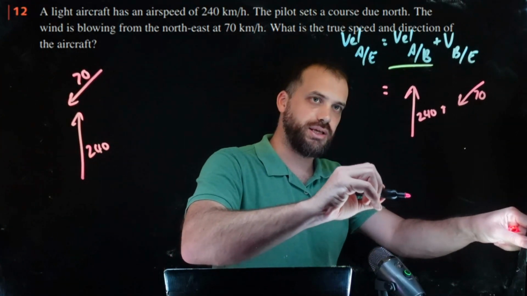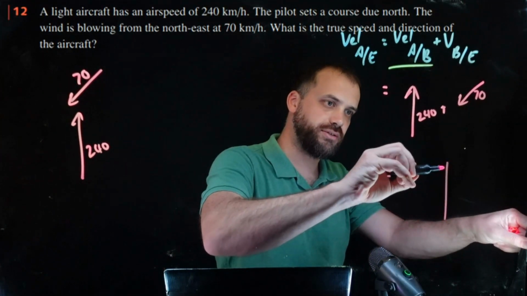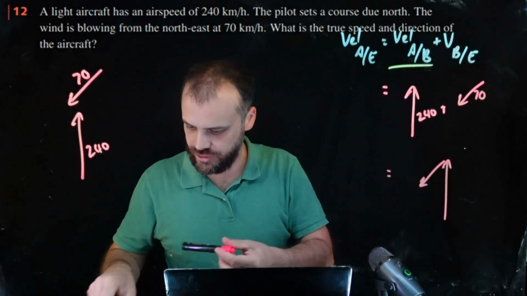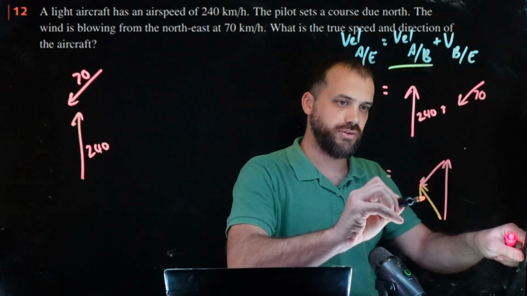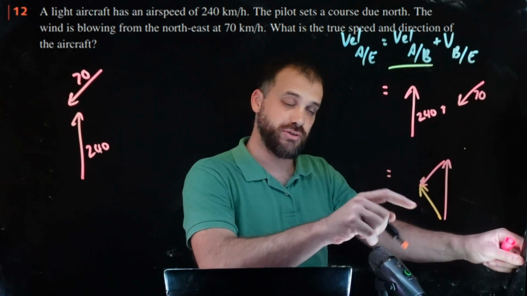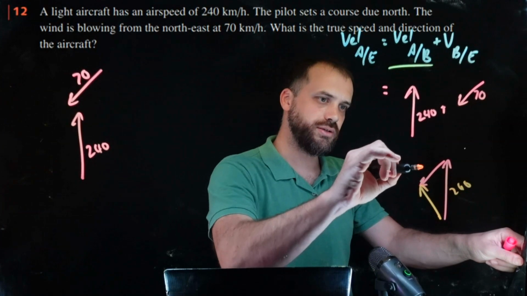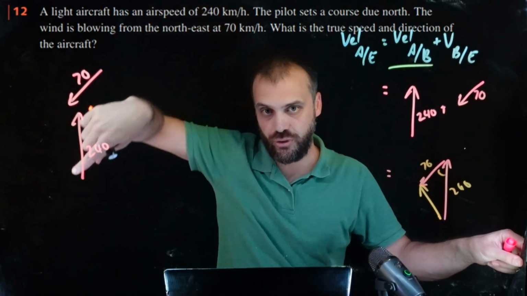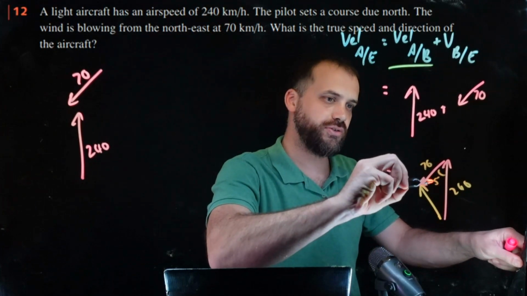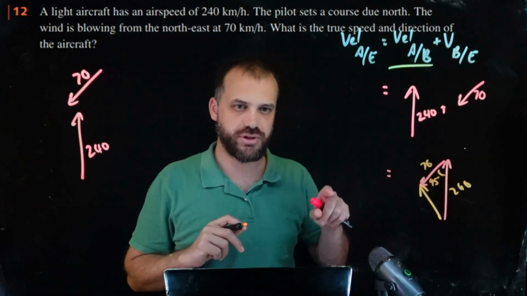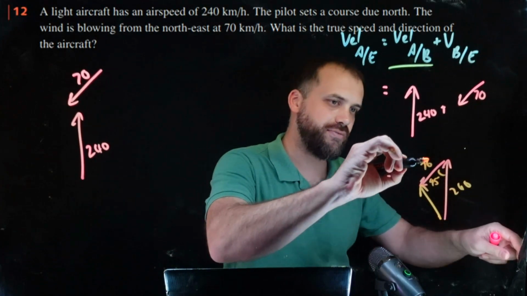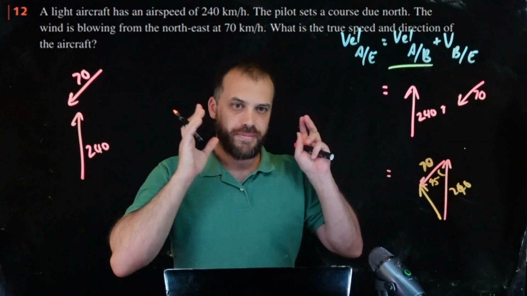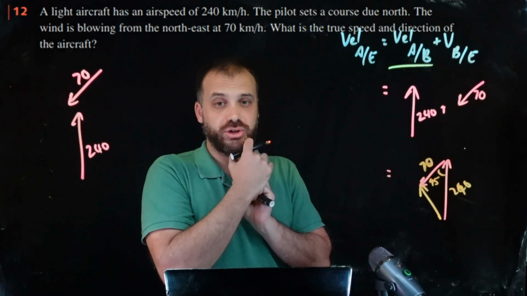So a vector plus another vector is equal to that vector, and that's the vector we're trying to find. 240, 70, and this angle here, because it's blowing from the northeast, is 45 degrees. That's a 70, 240. That's another job for the cosine rule.